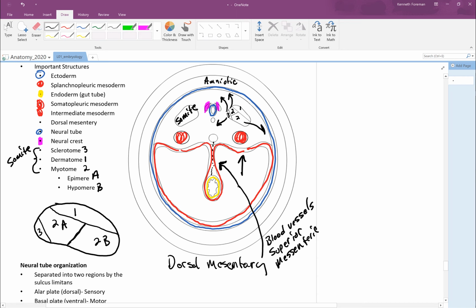And 2 is going to migrate to B, or the hypomere is going to migrate ventrally, and it's going to contribute to all the anterior trunk and limb musculature. And then the dermatome is also going to migrate ventrally and dorsally and become the sensory component of our ventral and dorsal rami.